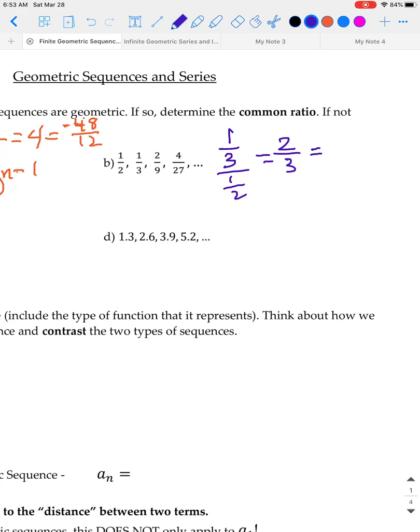So let's take a look at 2/9 and 1/3. So 2/9 over 1/3 is also going to be 2/3. And if I took 4 over 27 over 2 over 9, I still get 2/3.